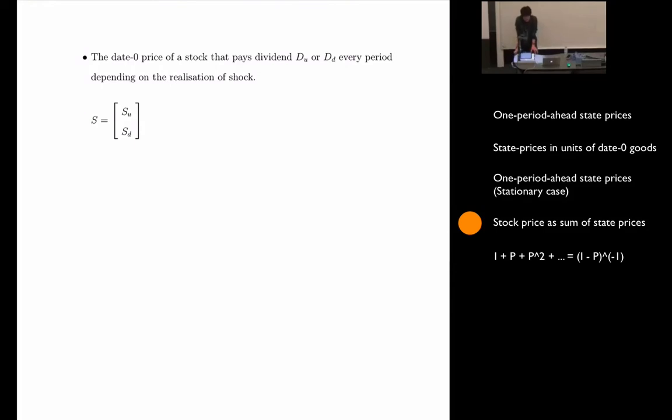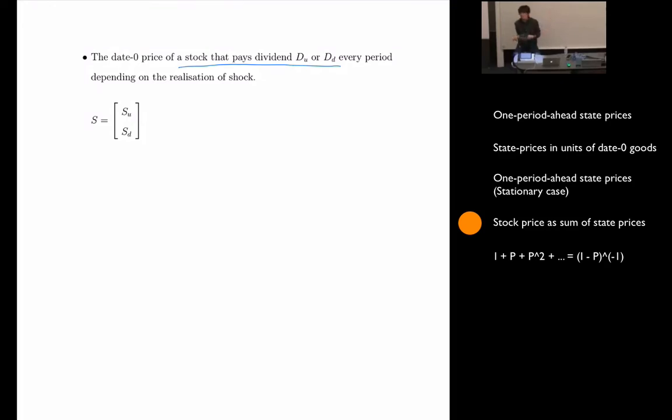What is the date zero price of a stock whose dividend is DU or DD every period forever? So consider a stock that will keep paying DU or DD depending on the economic condition, every period, forever. Today, the economy is up, you get DU units of potatoes.